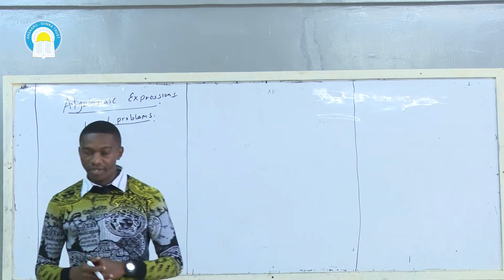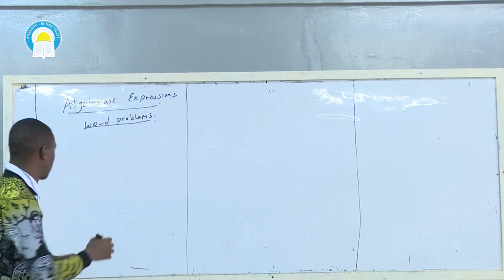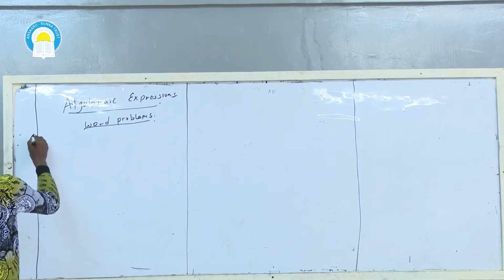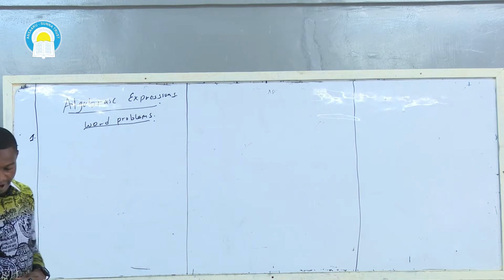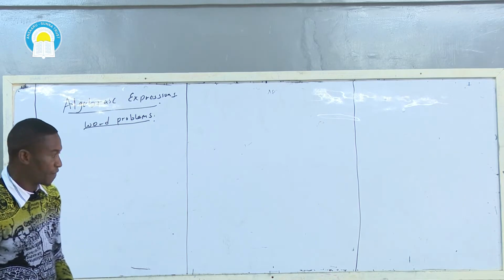I will start with my question 1. Question 1 is: find the perimeter of the figure below.